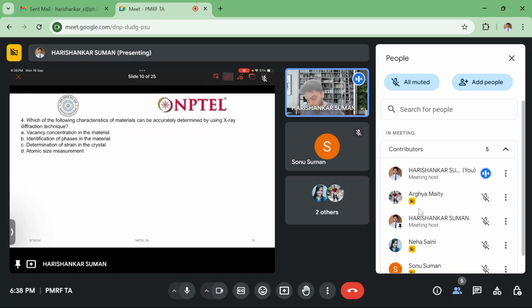Next question: which of the following characteristics of material can be accurately determined by X-ray diffraction technique? Options B and C are correct: identification of phase in the material, or determination of strain in the crystal.